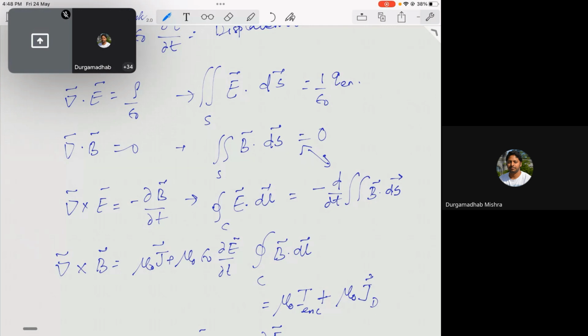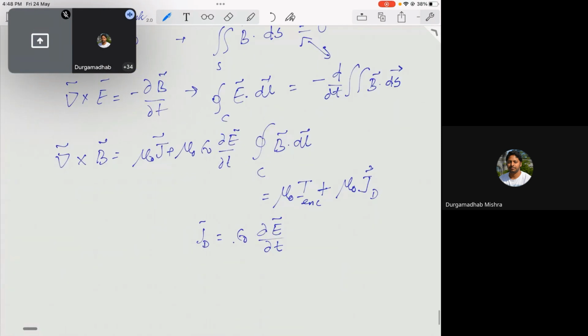Okay, so let's write down these equations for a situation.